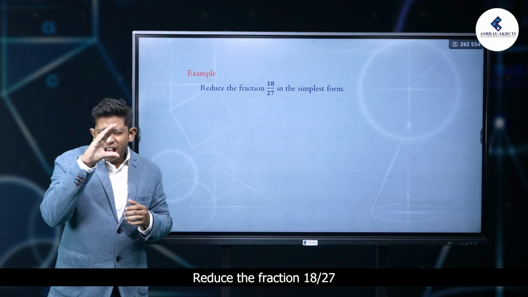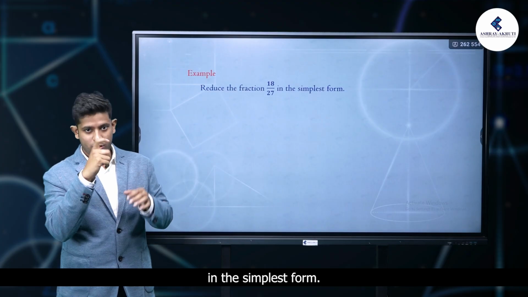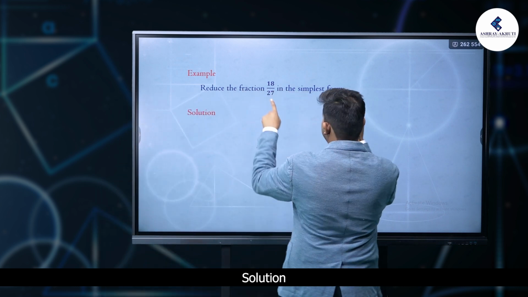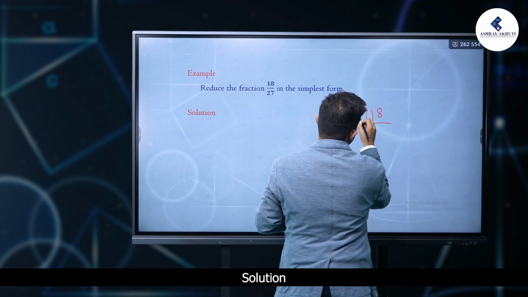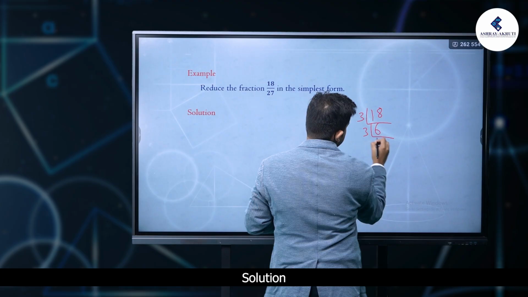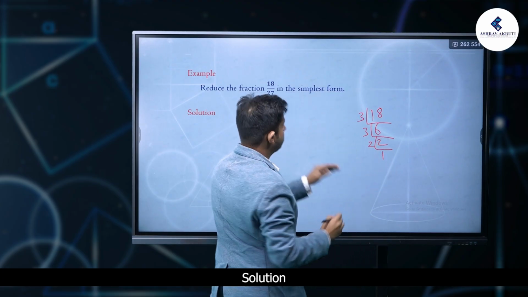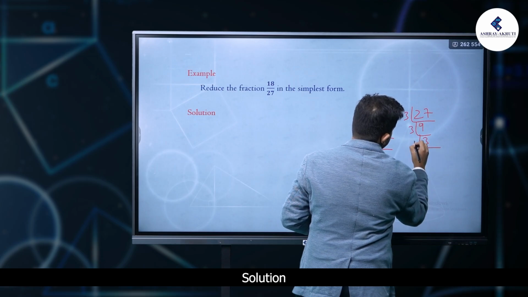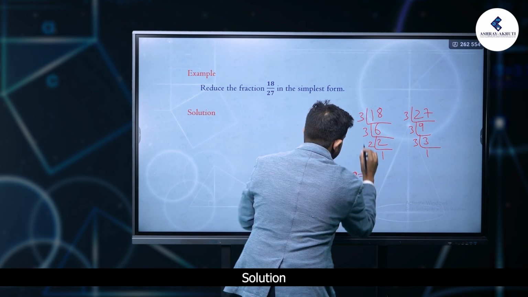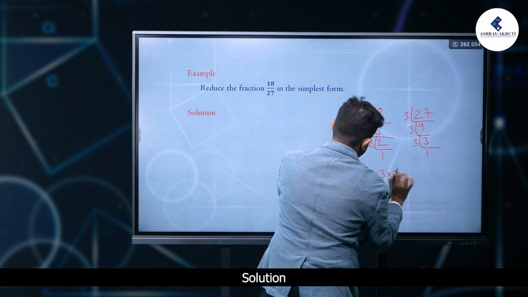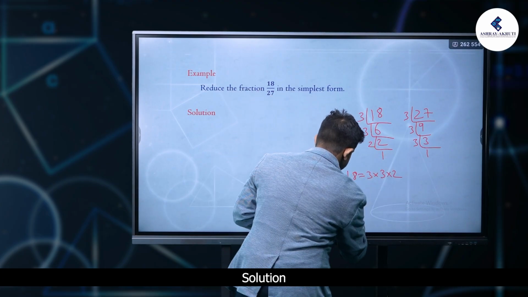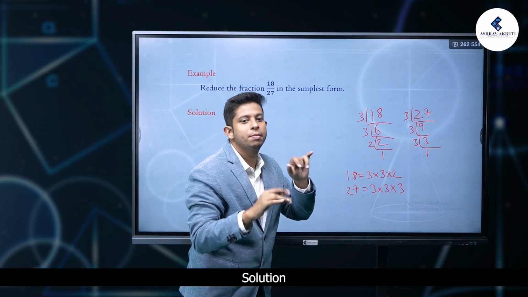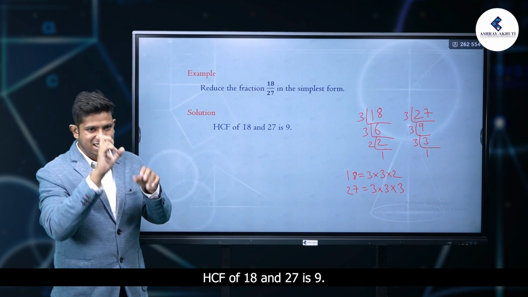Example: reduce the fraction 18 by 27 to the simplest form. Solution: the HCF of 18 and 27 is 9.